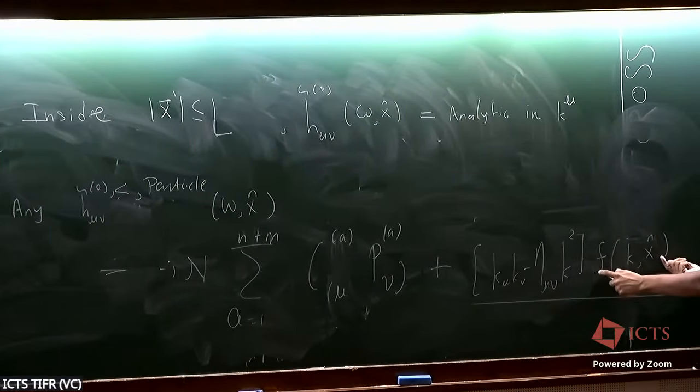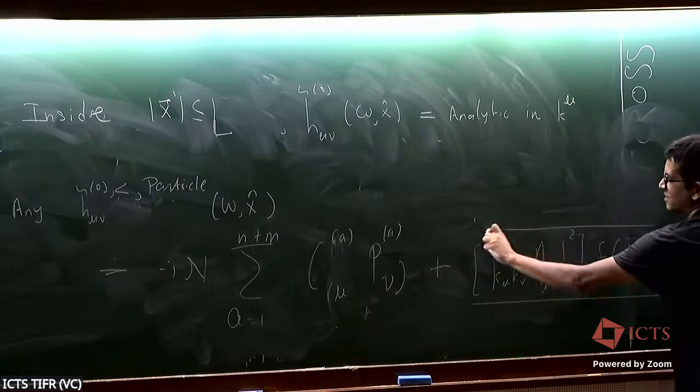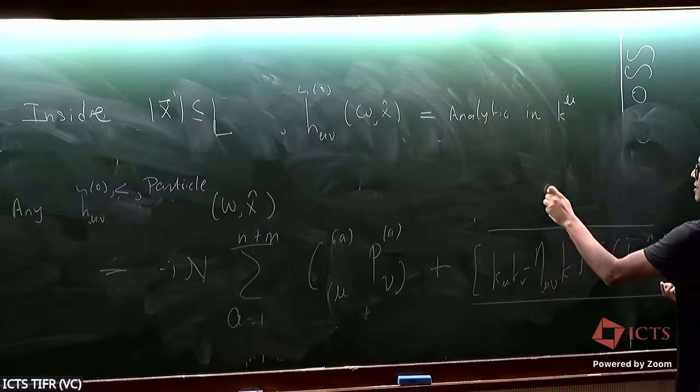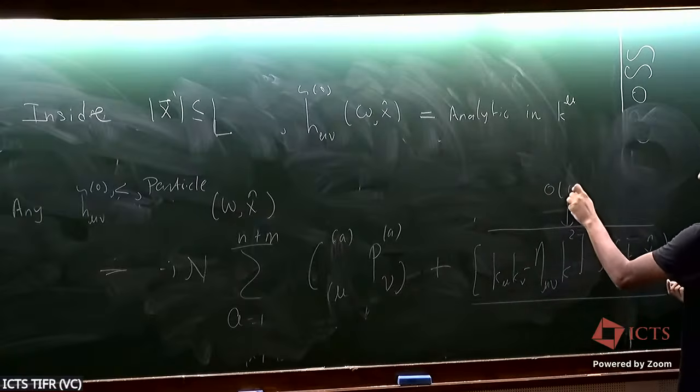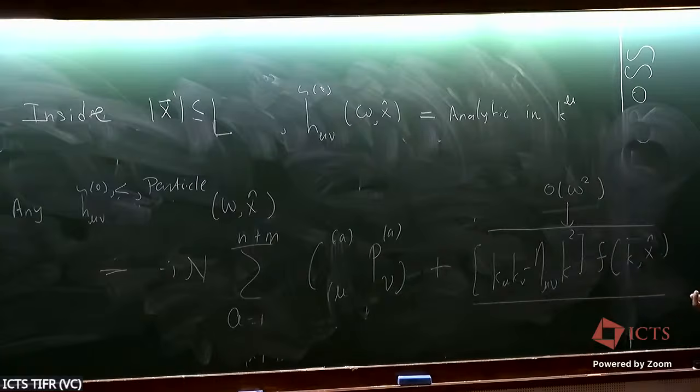This function I am not able to determine. But notice the power of omega in this. It is order omega square. Is this clear what I have written? So it is absolutely true that whatever we do, the omega square terms cannot be determined by this theorem. Is this part clear?